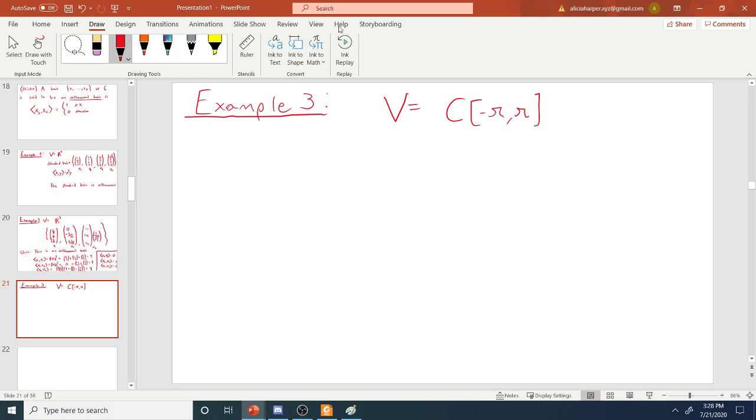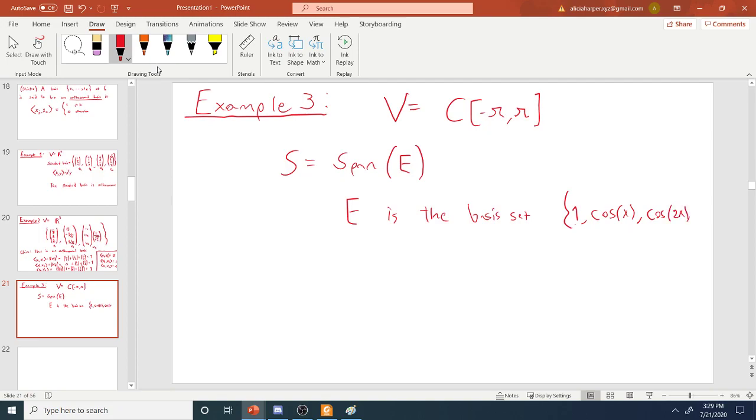And we're going to set S here to be the subspace generated by the span of E, where E is the basis set 1, cosine x, cosine 2x, and so on, up to cosine nx.